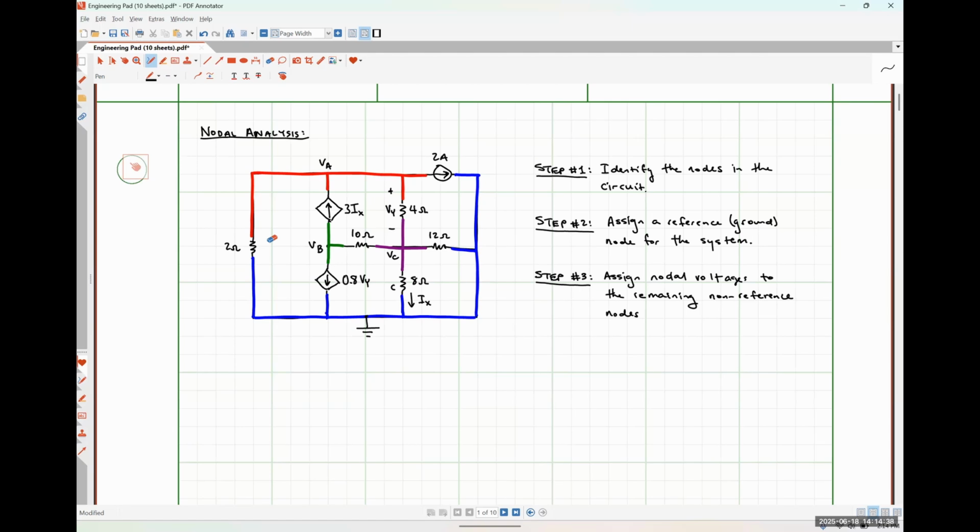All right, so now that we're about to start writing equations, I'm going to move my steps over to the left-hand side of the page here.